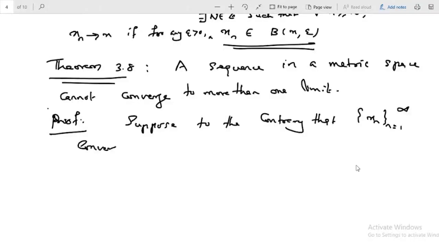Converges to two distinct limits a and b in the metric space X.